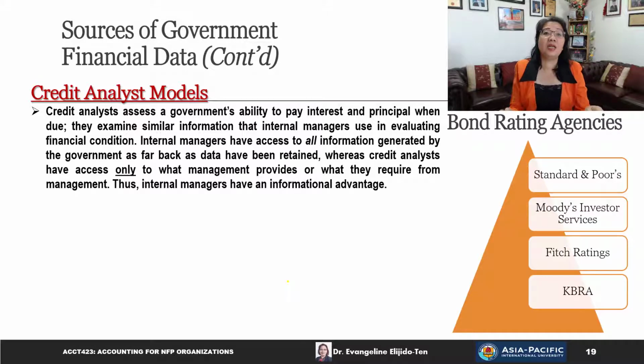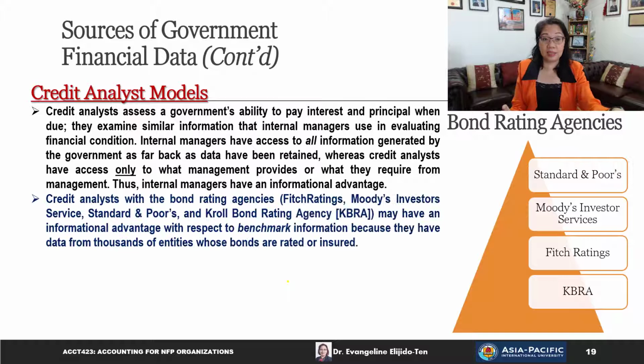Now, internal managers obviously have access to all the information generated by the government as far back as data have been retained, whereas credit analysts have access only to what the management provides or what they require from the management. So in this way, internal managers will have an informational advantage over the credit analysts.